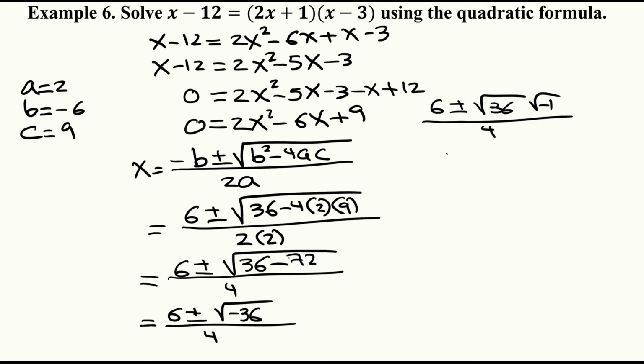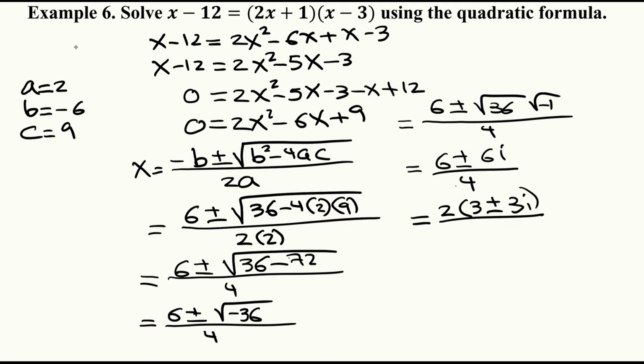So that's 6 plus or minus 6i over 4. We notice we do have a common factor of 2 on the top, leaving us 3 plus or minus 3i over 4. Now that 2 and 4 are both free factors, we can go ahead and reduce them to 1 and 2. So now we have 3 plus or minus 3i over 2.